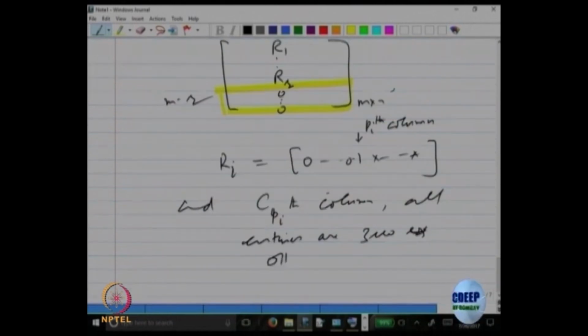other than which one? The ith one. So the entry, what shall we call it, in the column C P i, the entry C ij is equal to 0 for j not equal to i.